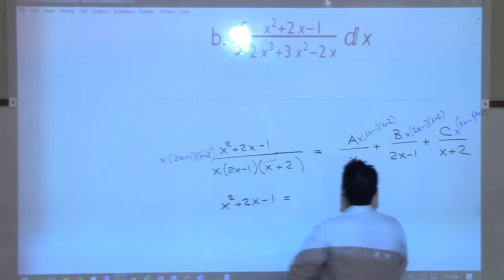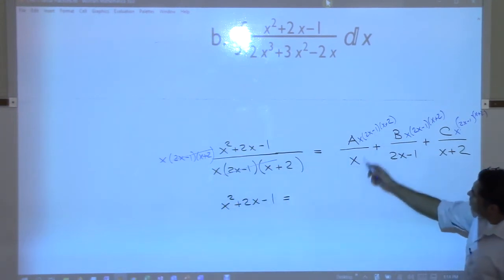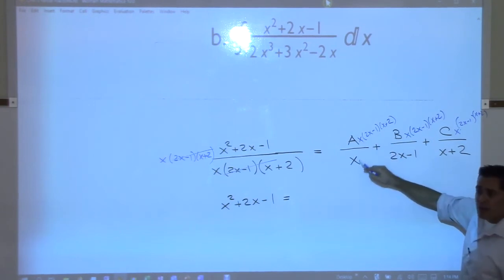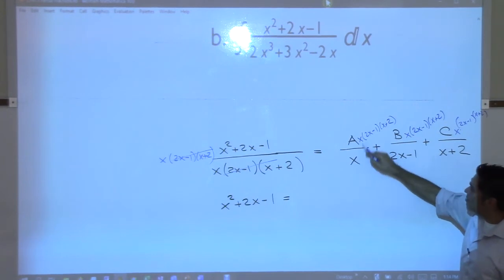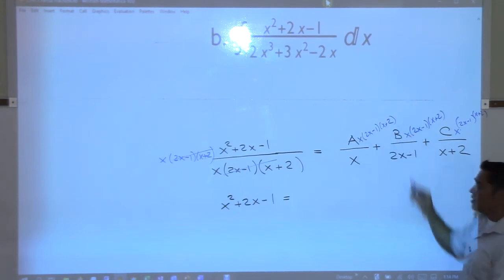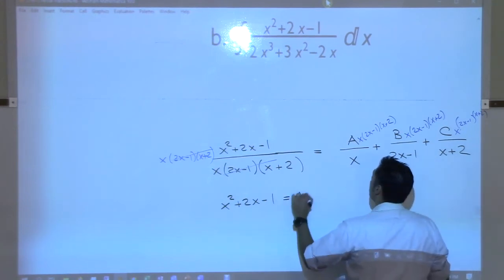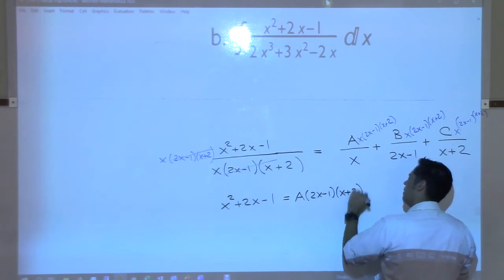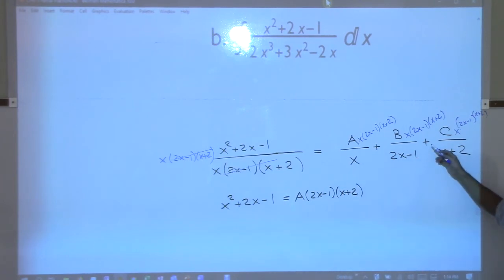Equals. Now over here, when we do this first multiplication, I have a common factor of x in the numerator and the denominator, so the x's go away, but I'm still left with the A and the 2x minus 1 and the x plus 2. So I'm going to write that down: A, and then 2x minus 1, and then x plus 2. And then here, same thing, one of the factors goes away.